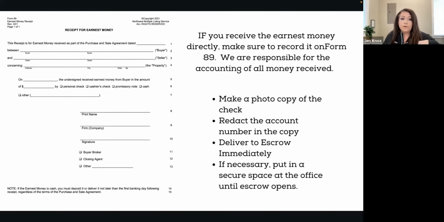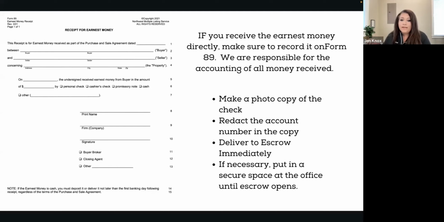So what we want to do is reach for Form 89, which is an earnest money receipt. If you receive a paper check, make sure you're making a photocopy of the check. In that photocopy, you can go ahead and redact the account number, but do keep that copy. And if you do happen to hold on to the check, please reach out to Jason or Joe and find out where we can secure that money until escrow opens.